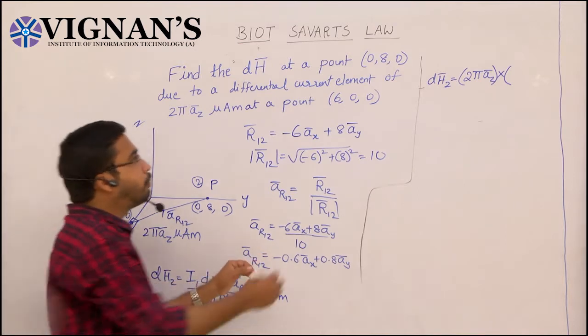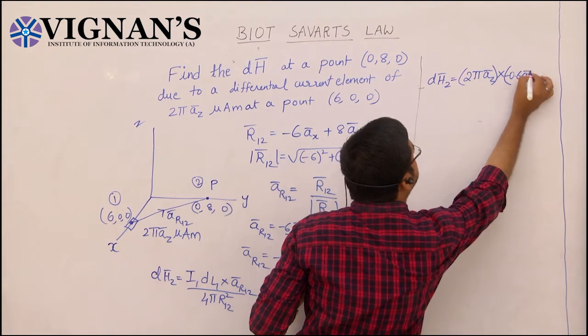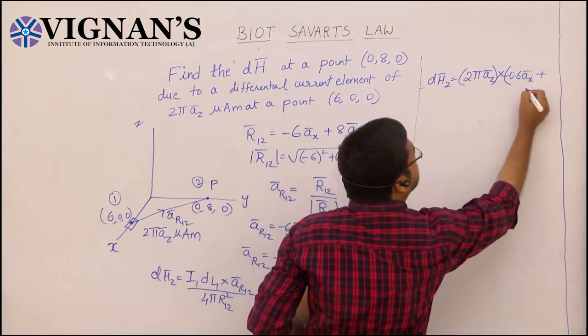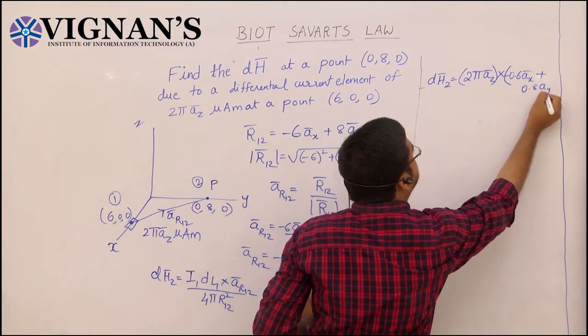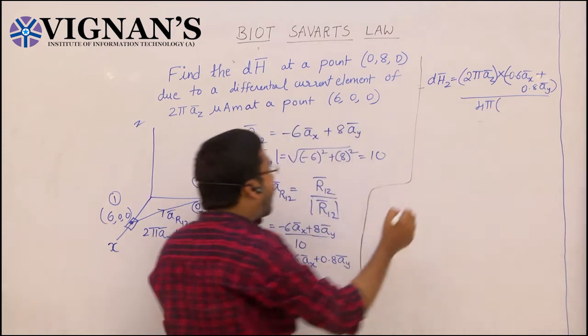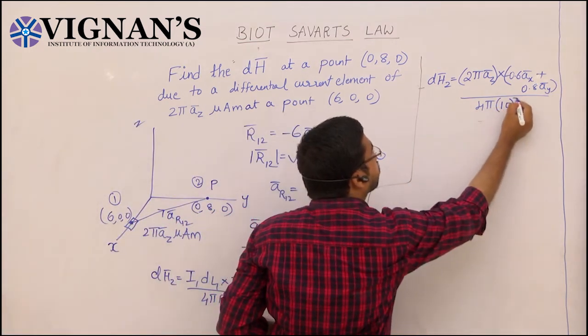AR12 is minus 0.6 AX plus 0.8 AY by 4 pi. What is R12 magnitude? That is 10 square.